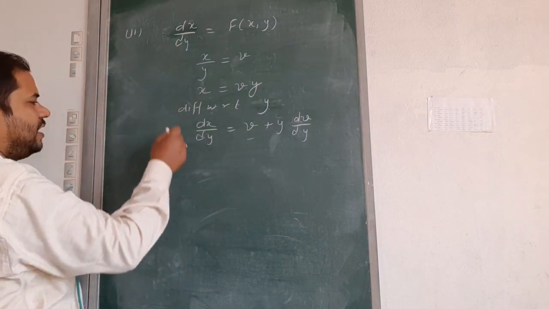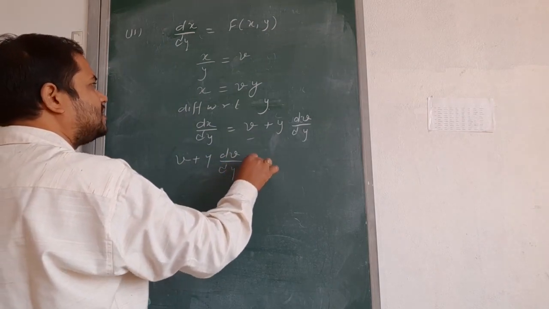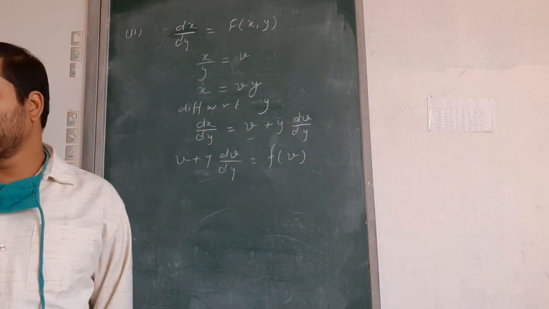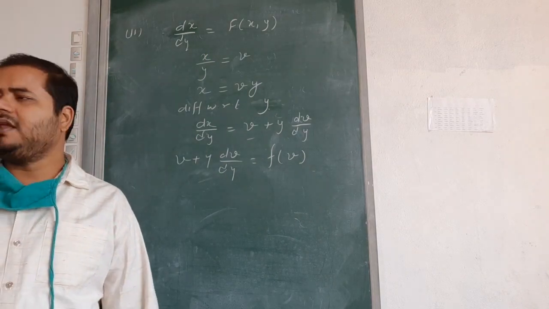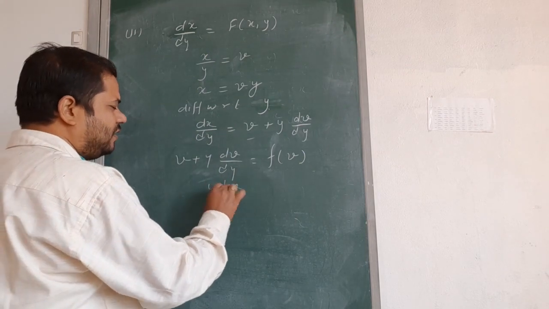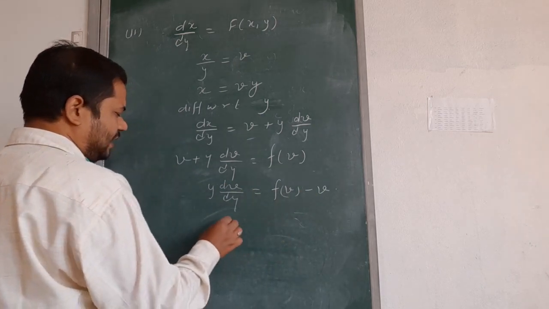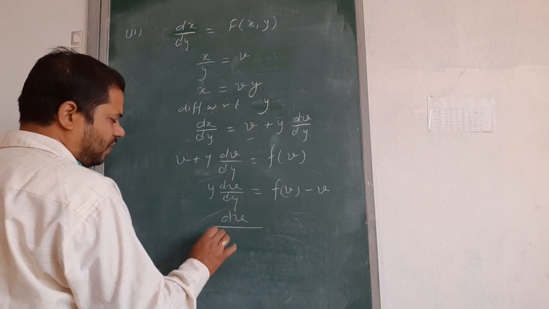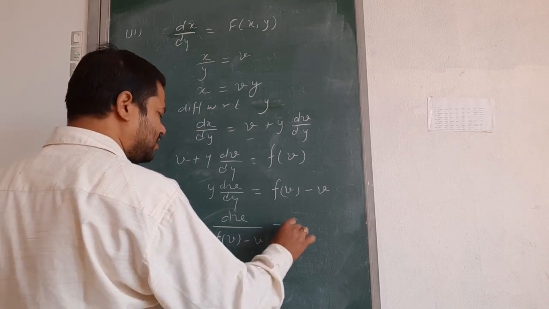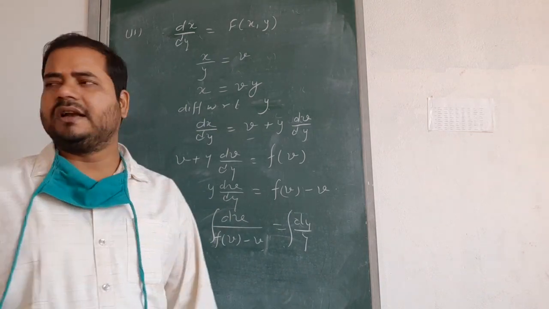Now put this value here, we will get v plus y dv upon dy, which is nothing but f of v simply, because if you put x is equal to vy, we will get only a function of v. So y dv upon dy is f of v minus v, and then dv upon f of v minus v is equal to dy upon y. On integrating both sides, we will get the solution.